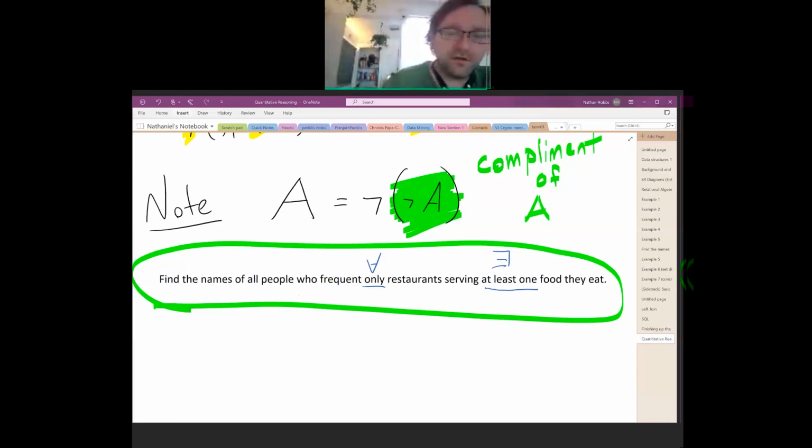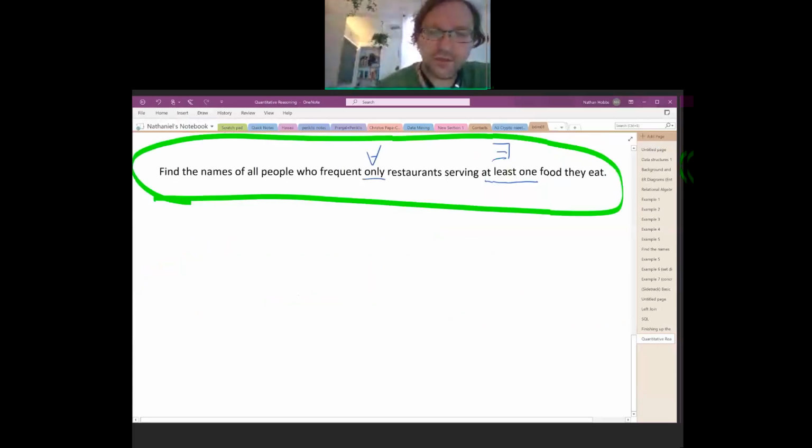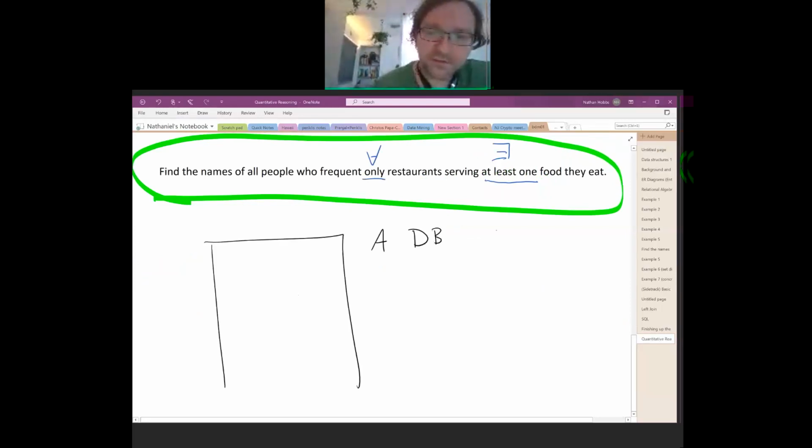Recall, the DBMS evaluates a relation one line at a time.